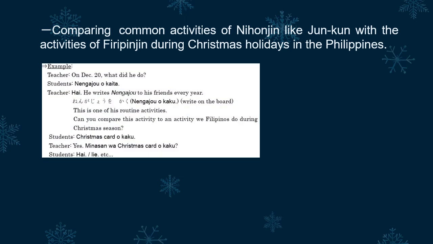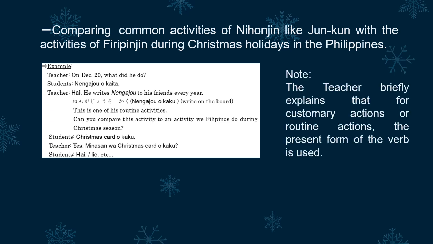So we have another sample conversation that you may use in comparing the common activities of Nihonjin and the activities of the Philippines during Christmas holidays. Please take note that the teacher briefly explains that for customary actions or routine actions, the present form of the verb is used.